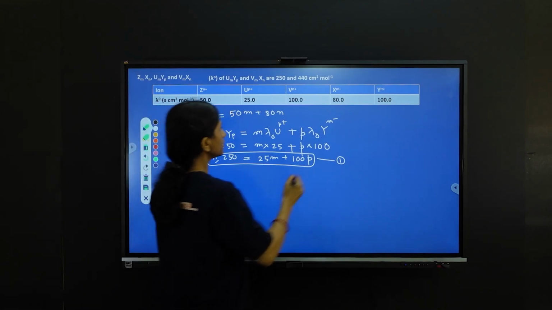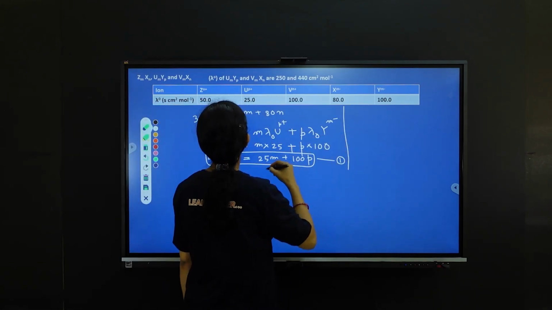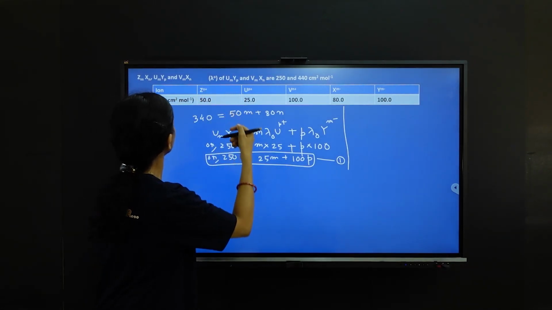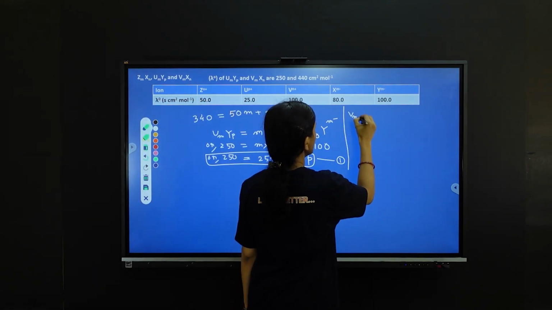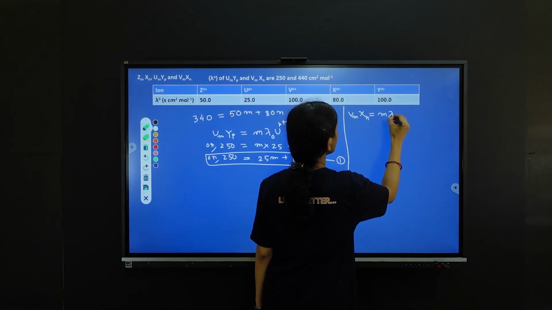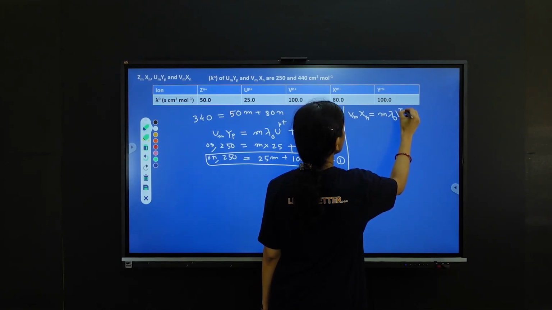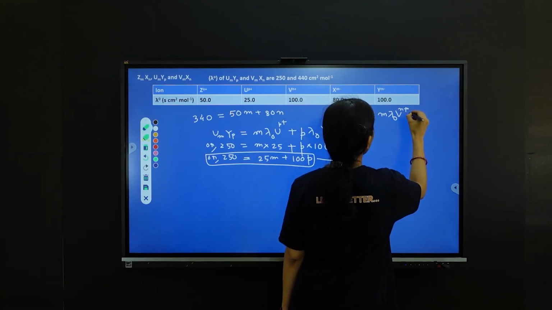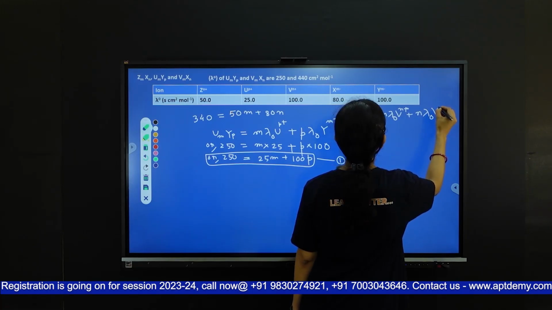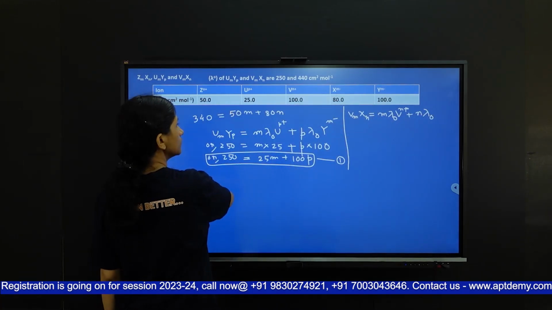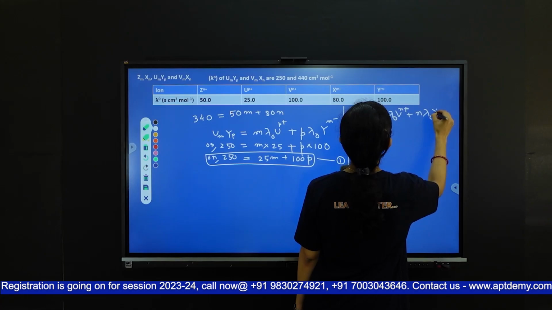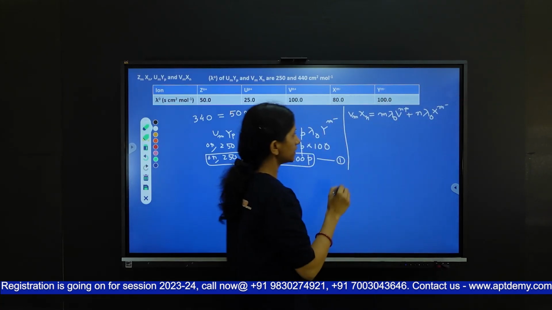Again, similarly, on this side, I will do it for the other electrolyte, that is the third one, VMXN. This can be written as M lambda 0 Vn plus, plus n lambda 0 Xm minus, right?